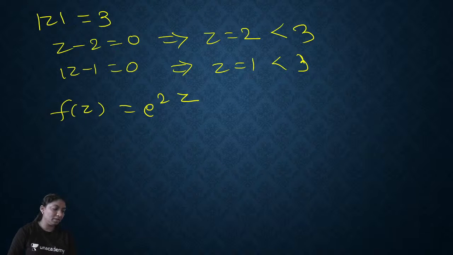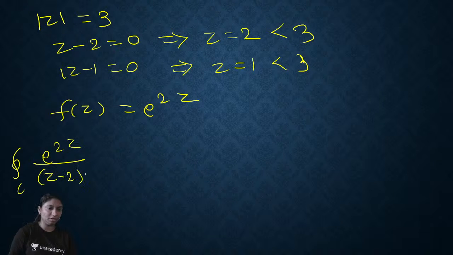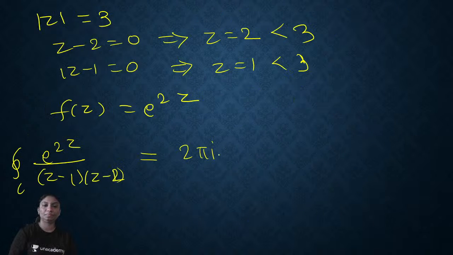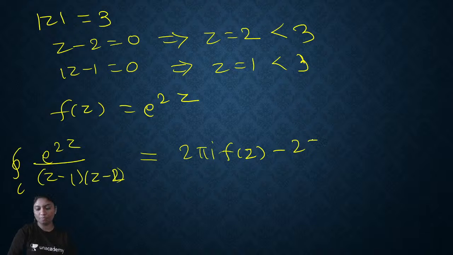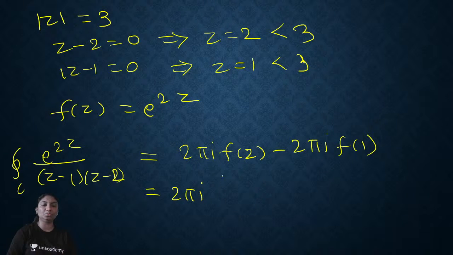So f of 2 is e raised to 4, and f of 1 is e raised to 2. So we get 2 pi i into e raised to 4 minus 2 pi i into e raised to 2.